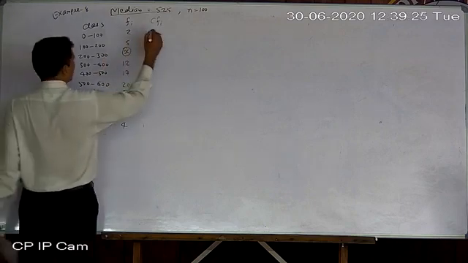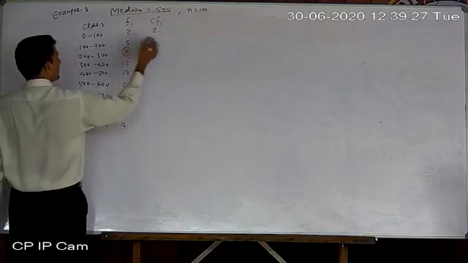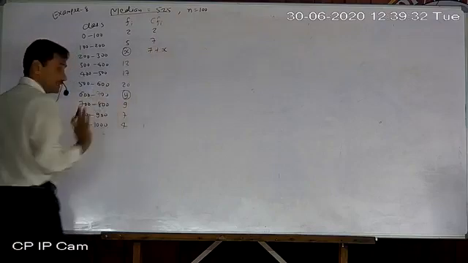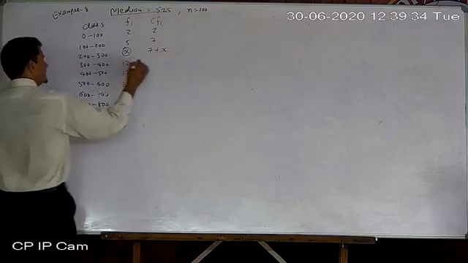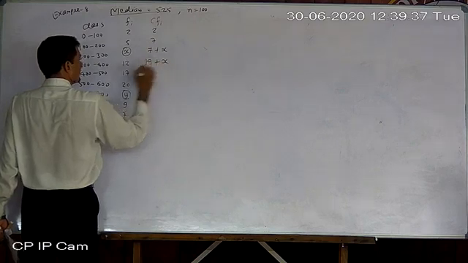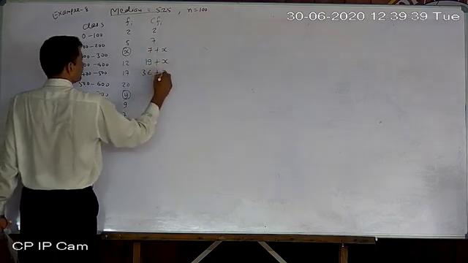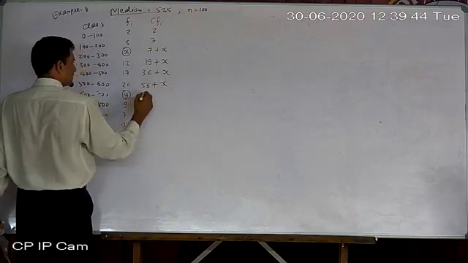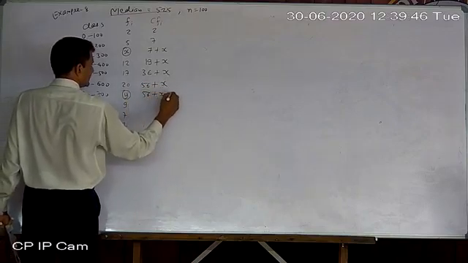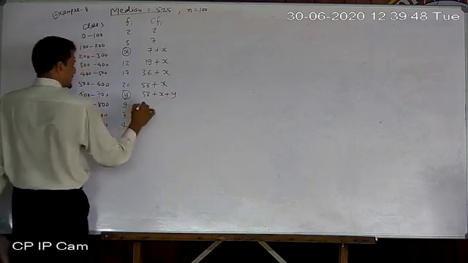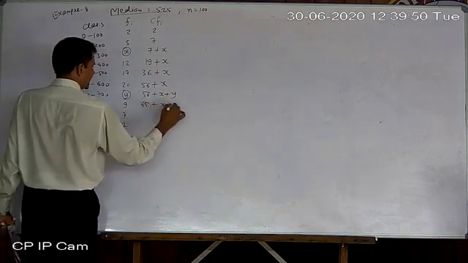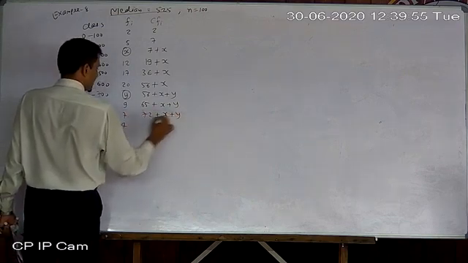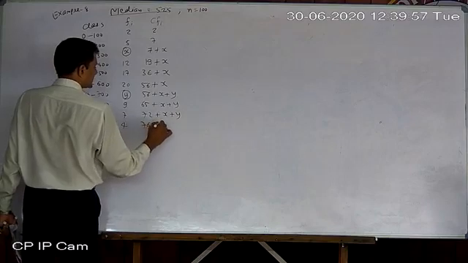So write down first of all 2, then 2 plus 5, 7, then 7 plus x, remains 7 plus x only, unlike terms. Then 19 plus x, then 36 plus x, then plus 20, so 56 plus x, then plus y, so 56 plus x plus y, then 9, so 65 plus x plus y, then 7, so 72 plus x plus y, and plus 4, so 76 plus x plus y.